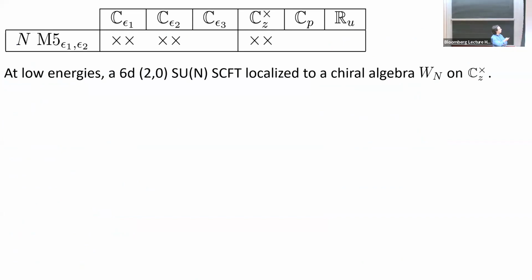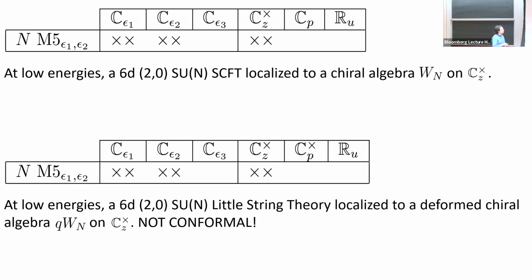So in the original setup, as I told you, at low energies on the M5 brane, you have a 6D (2,0) SU(N) SCFT, which localizes to a chiral algebra on C star Z. In the new setup, I now have a transverse circle. So at low energies, I no longer have a conformal field theory. There's a scale now. What is the theory?